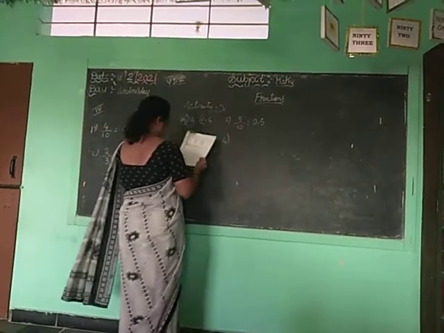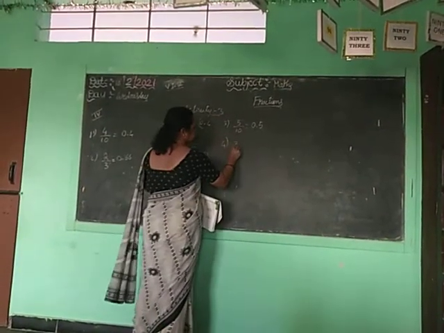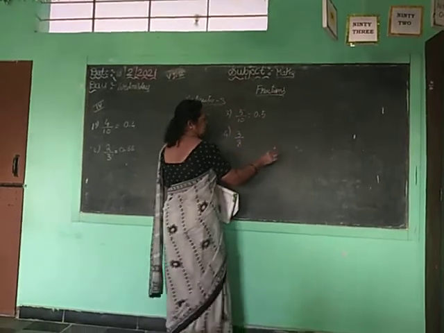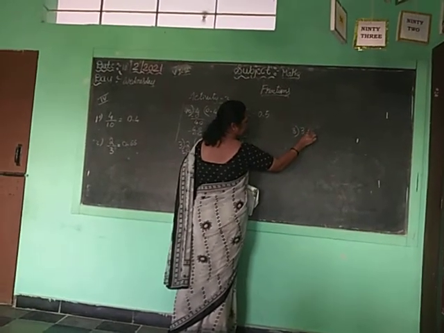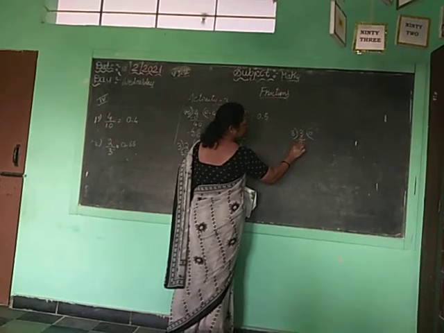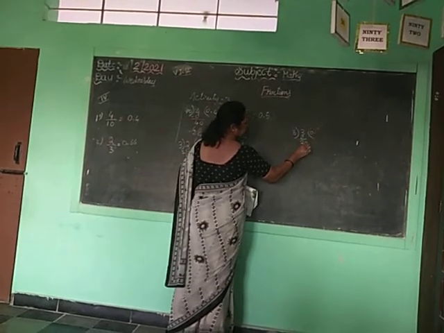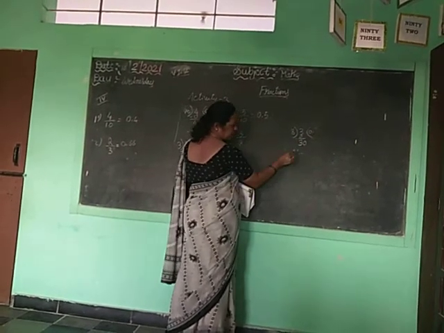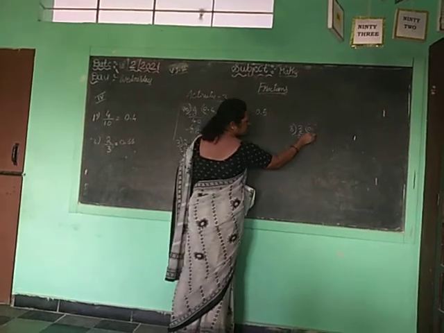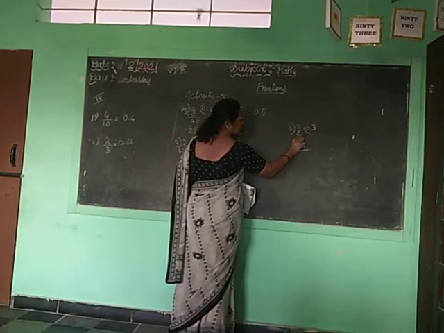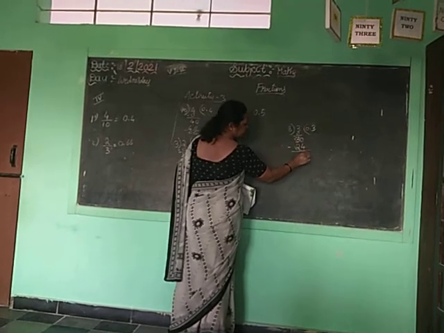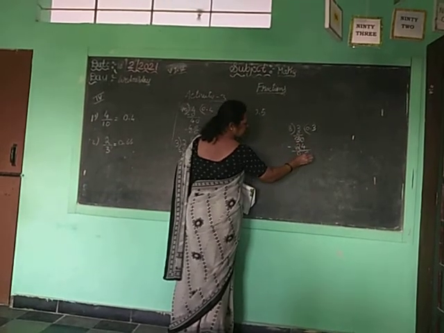So what you write for 3 by 8 children? So you do the division. From 8 you have to divide 3. Is it possible? No. Put a point, add a 0. 8 3s are 24. 8 4s are 32. So I go for 3. 8 3s are 24. So from 30 minus 24 is 6. Again add 0.